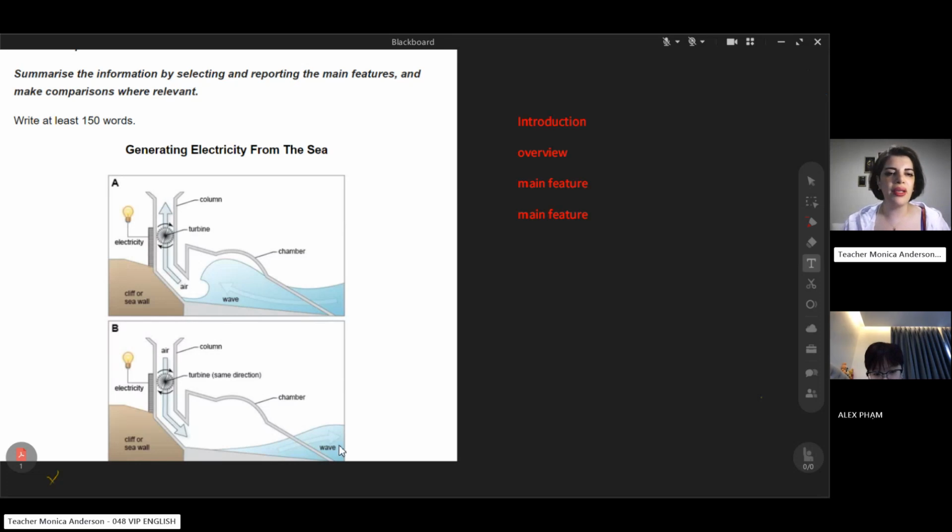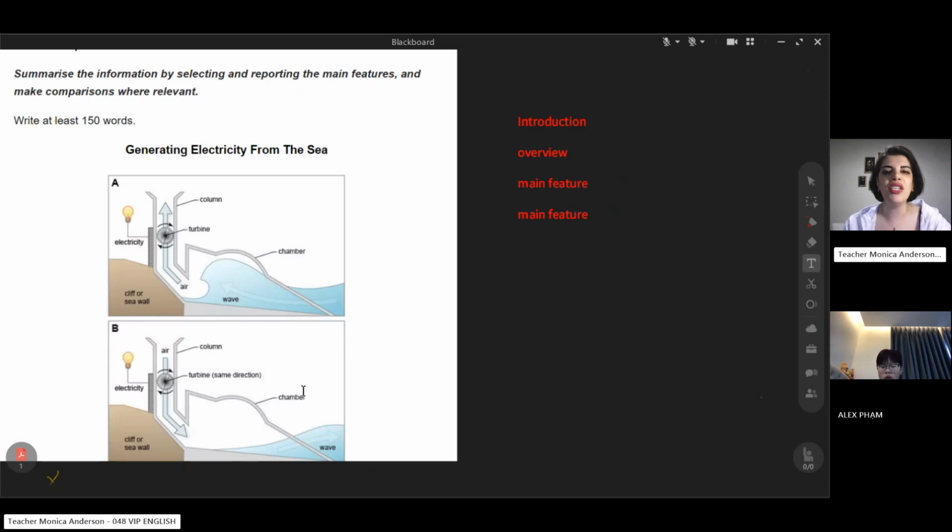How to write about it? Let me briefly talk about it, then we will move on to the book and discuss it more. First of all, we need to analyze the question. What is the question? What do we need to do? The title is really important. After that, we need to identify the main features. I will tell you step by step.